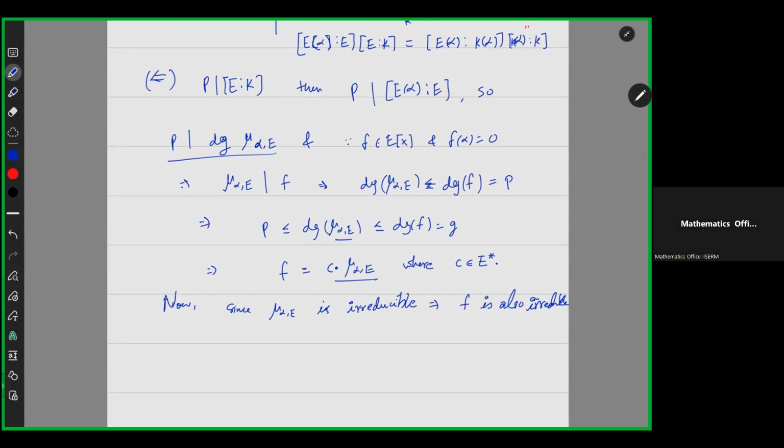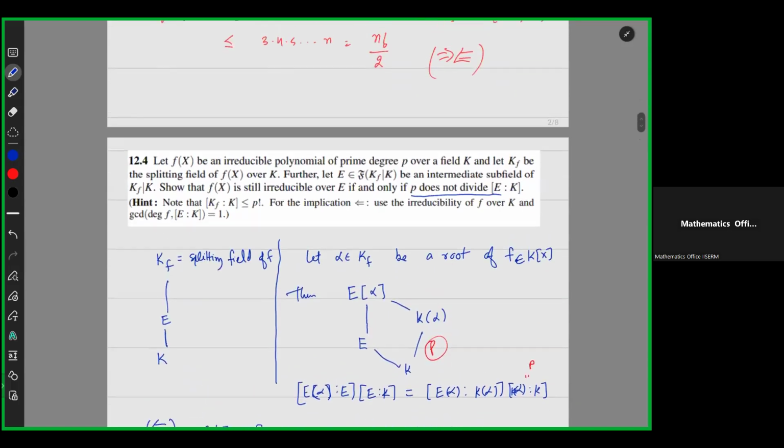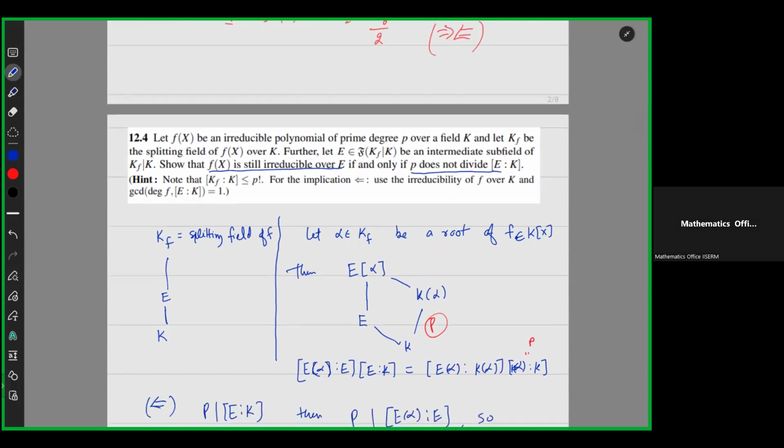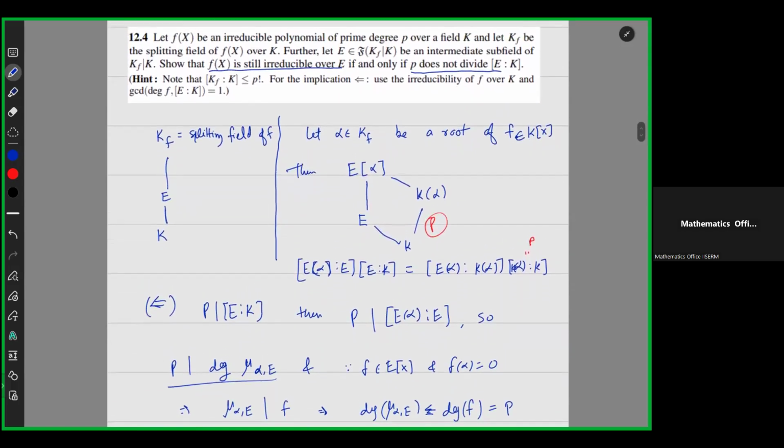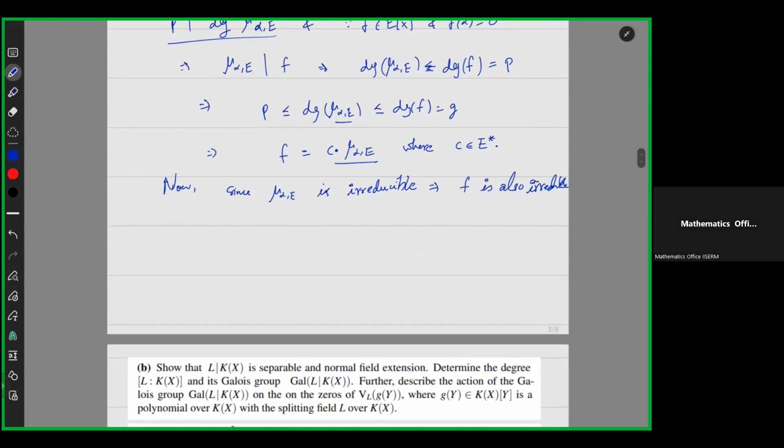Okay, so good. One part is done, right? We wanted to show F(x) is also irreducible over E. Now we want to prove the other side. Okay, let's see how to solve this.